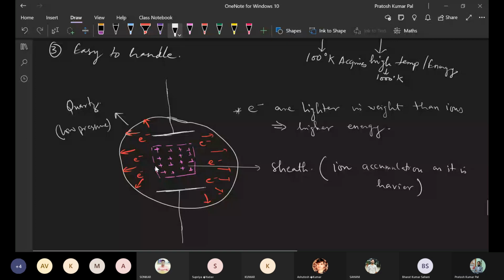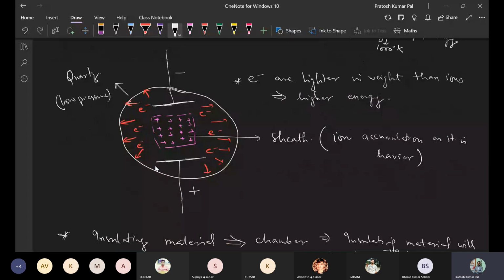Then the electrons here will be repelled, and the positively charged ions will be attracted here. Once it attracts these, there will be a high voltage development in the negative half.